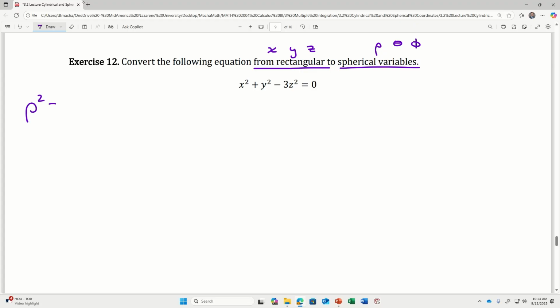I know that rho squared is x squared plus y squared plus z squared. I know that the tangent of theta equals y over x. I know that phi is such that, I don't know, r is equal to rho sine of phi, right?